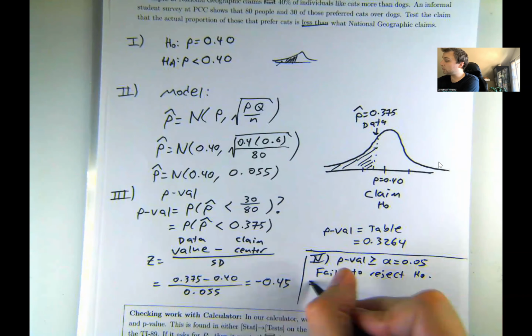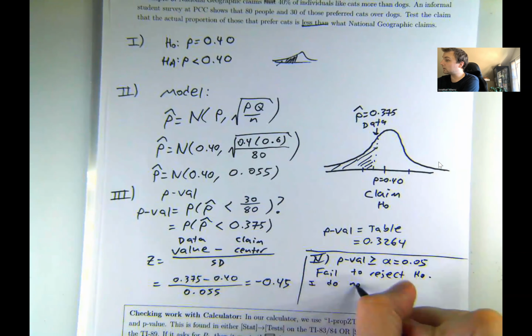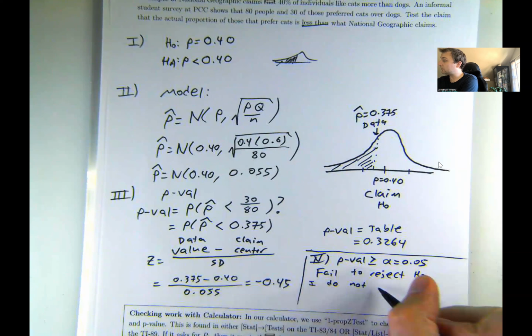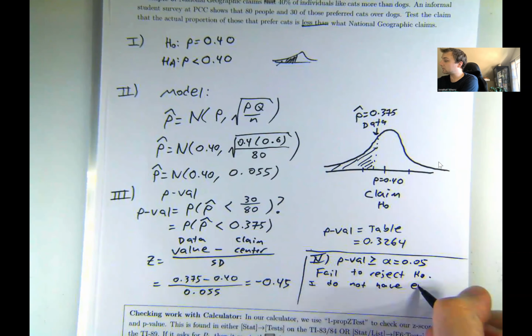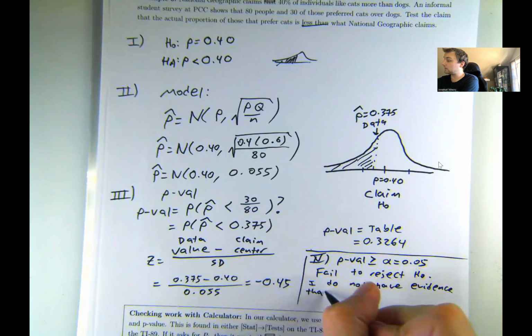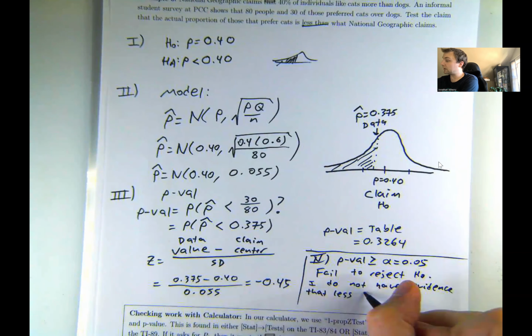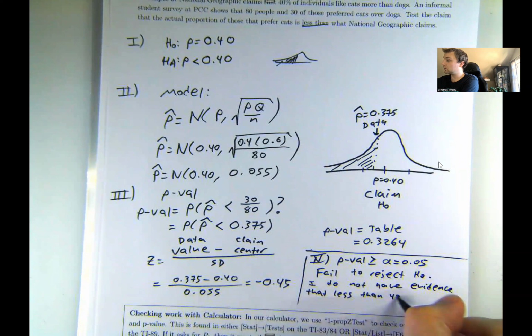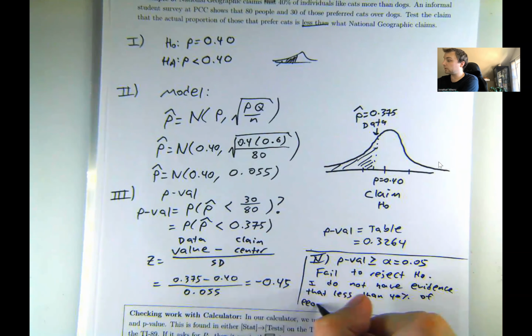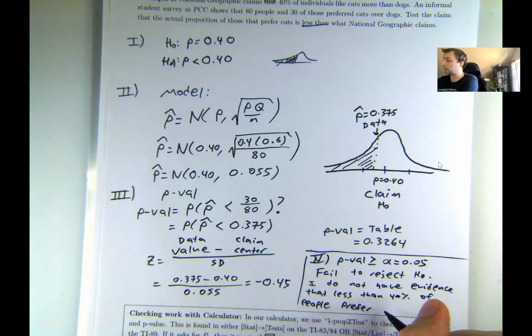So I do not have evidence that less than 40% of people prefer cats over dogs. I like both cats and dogs.